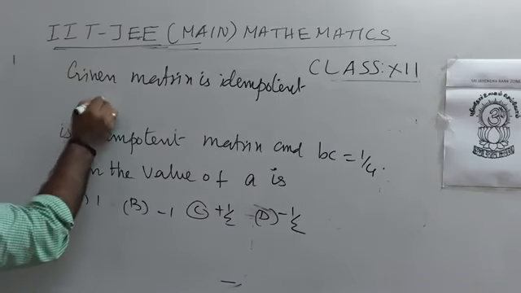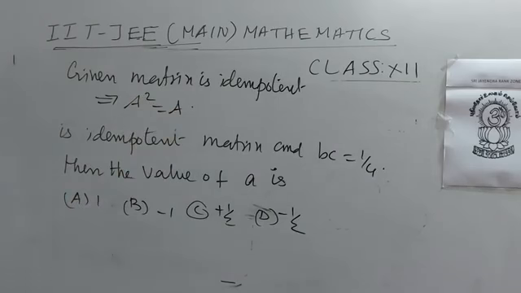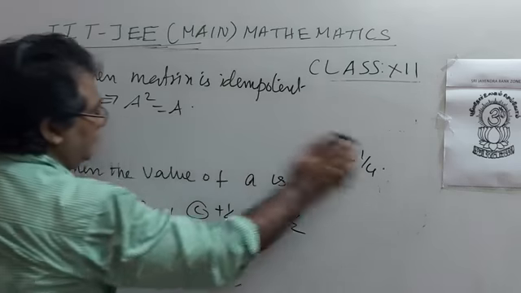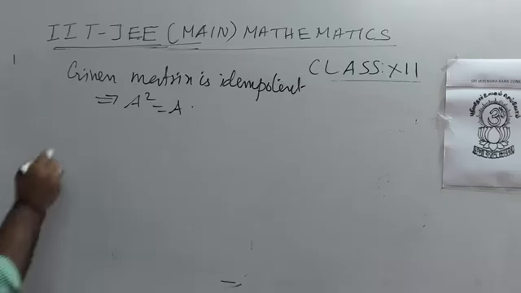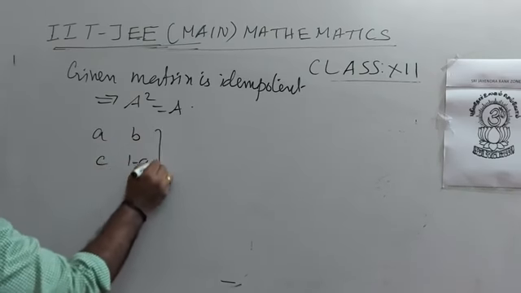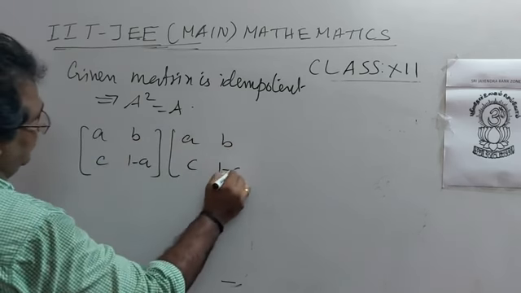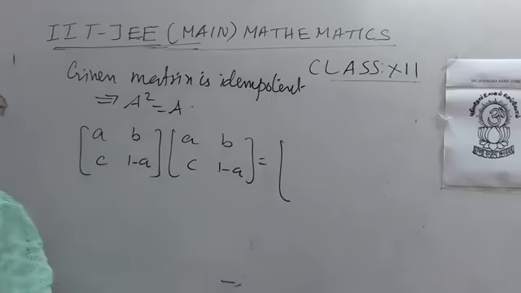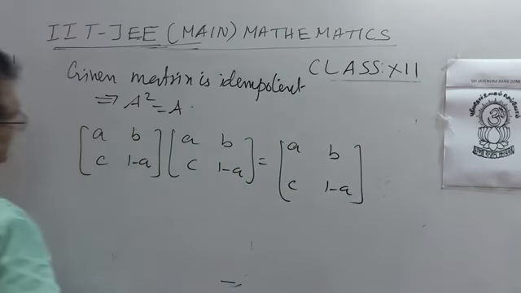Given the matrix is idempotent, which means that A squared equals A. So [[a, b], [c, 1 minus a]] times [[a, b], [c, 1 minus a]] equals [[a, b], [c, 1 minus a]].